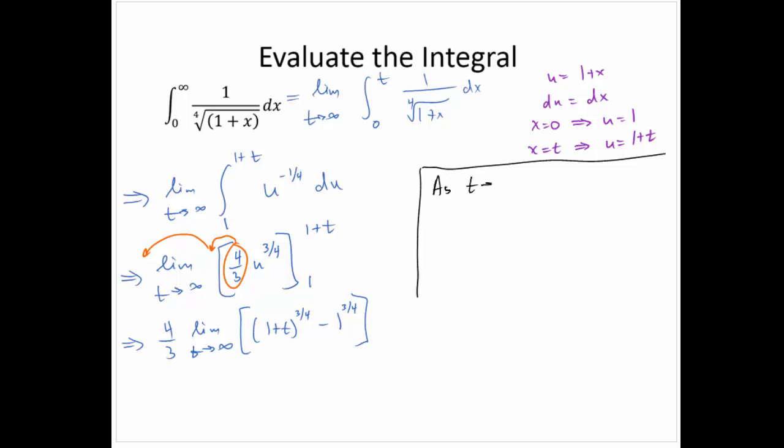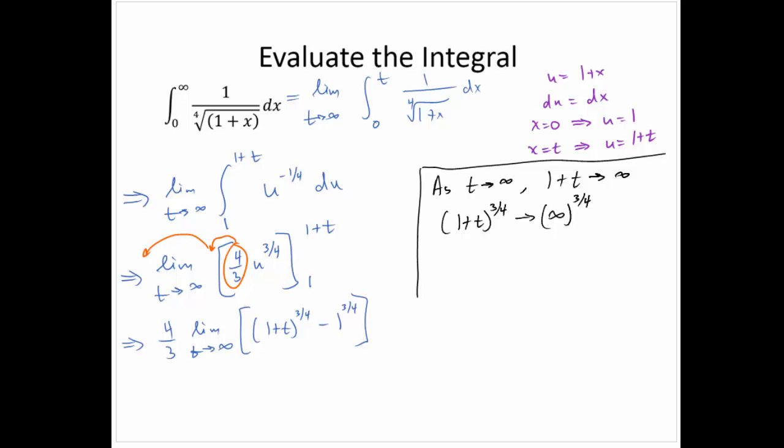As t approaches infinity, 1 plus t would also approach infinity. And then 1 plus t to the 3/4 would approach infinity to the 3/4.